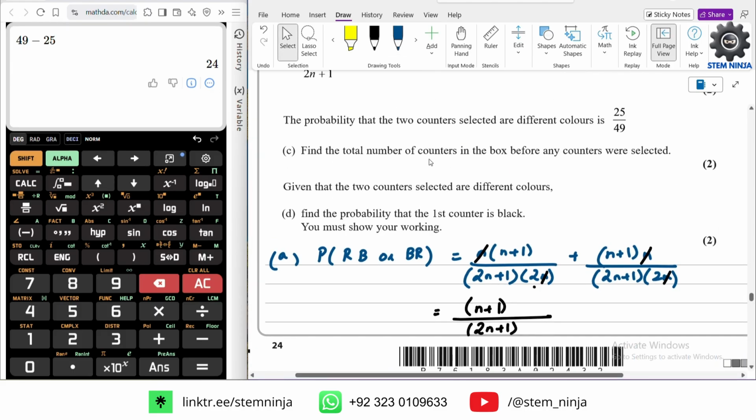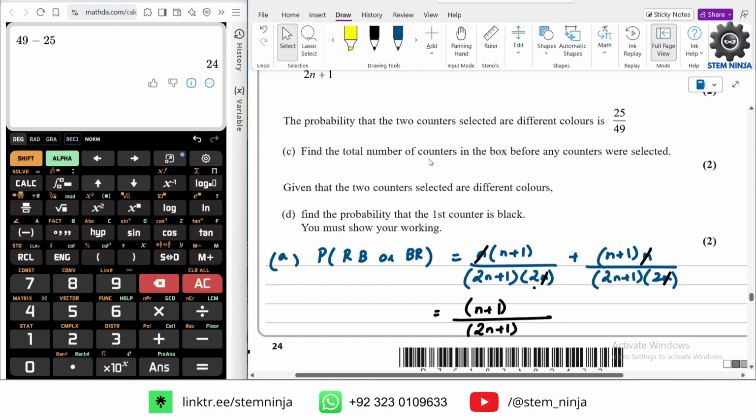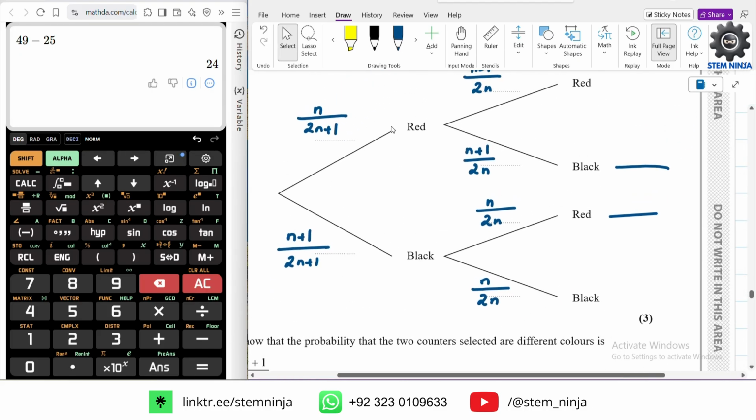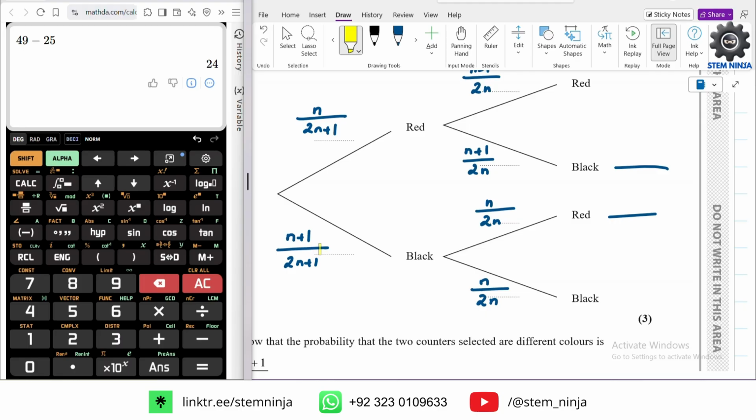Right. Okay. Given that the two counters selected are different colors, so this is now a condition. Find the probability that the first counter is black. So it's going to be this one divided by the total probability.